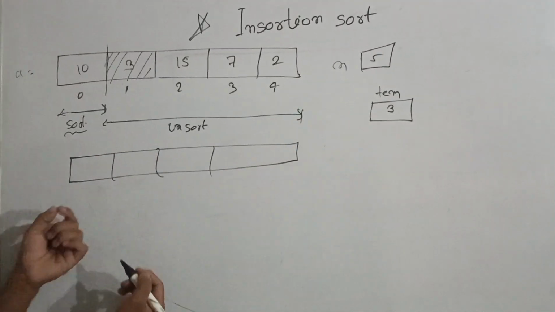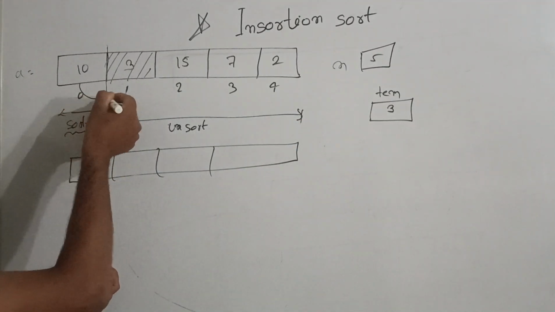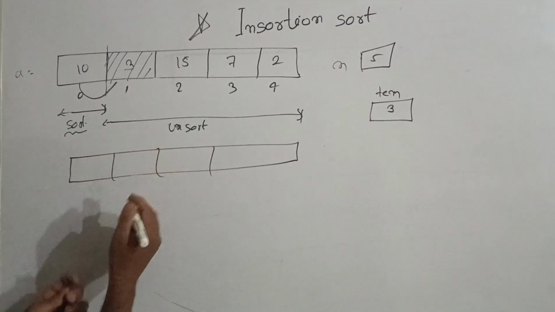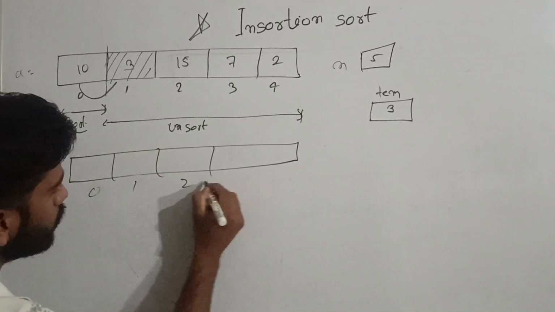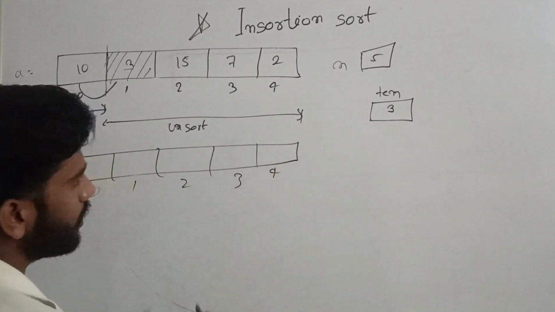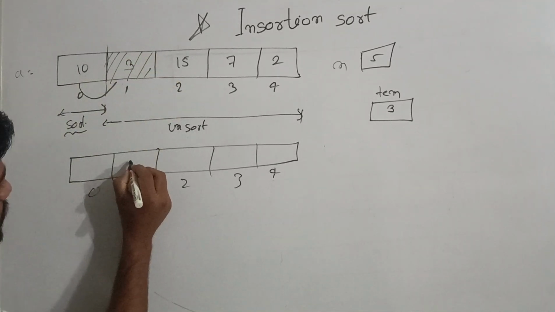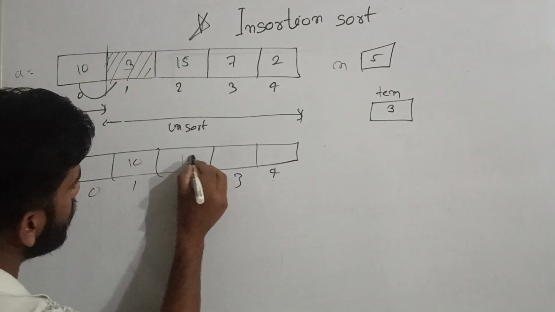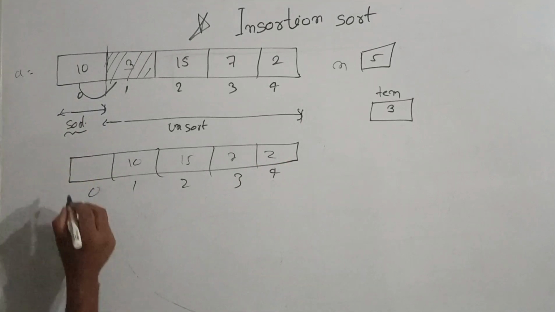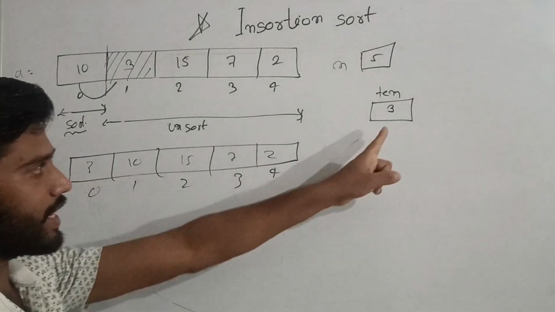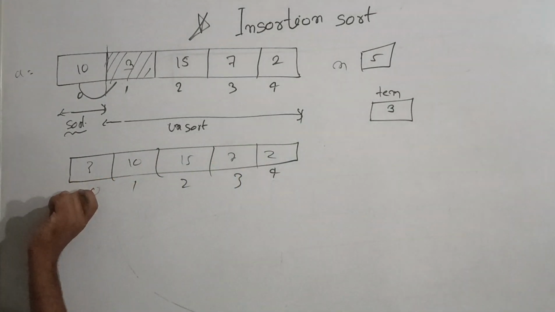Yes, 10 is greater than 3. Then this data will be shifted, and 10 will be shifted here, and then it will be 15, 7 and 2. Now this position is a question mark. Directly we cannot put 3 here.